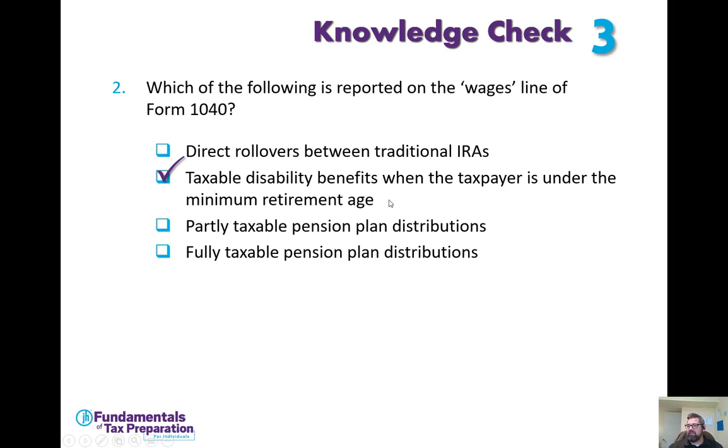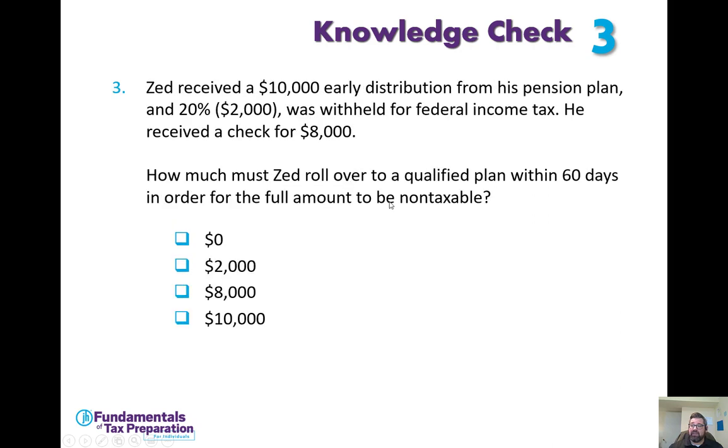So, Zed received a $10,000 early distribution from his pension plan, and 20% was withheld for federal tax. He received a check for $8,000. How much must Zed roll over into a qualified plan within 60 days in order for the amount to be non-taxable? And that would be $10,000.